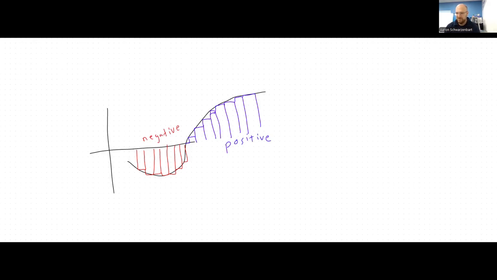So, by definition, this is a sum of the area of a bunch of rectangles. So you can say that this is the limit, the definite integral, which is going to be the exact area.